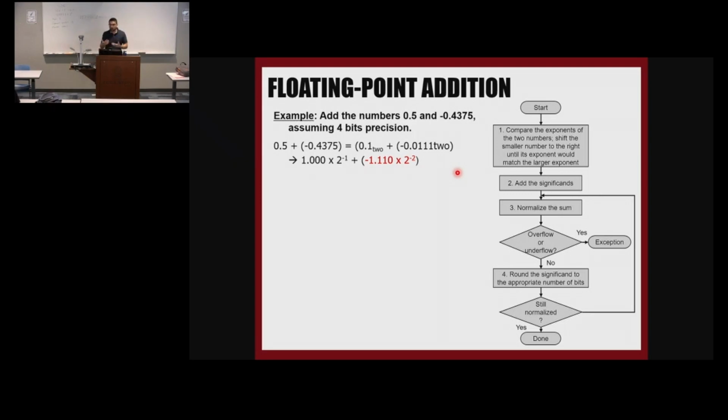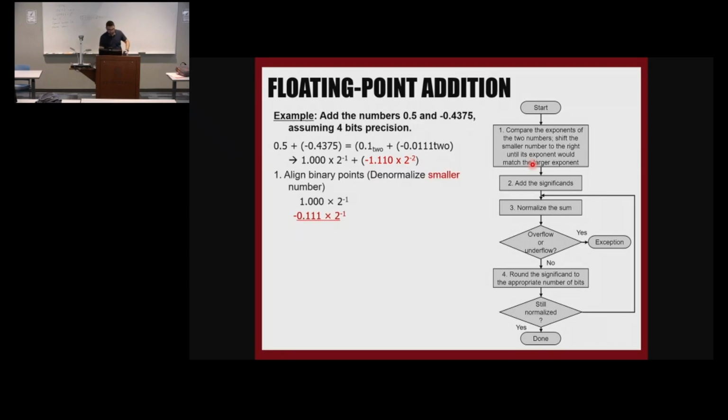Okay, so now we can start the flowchart. The flowchart tells me to compare the exponents of the two numbers that I have here and shift the smaller number to the right until the exponent matches the larger exponent. So you compare the exponents, you get the smaller number, you shift it to the right until we get the same exponents.